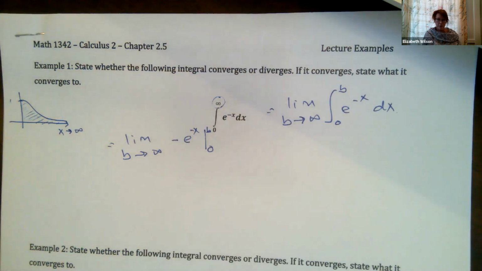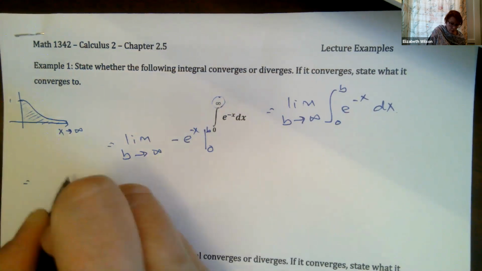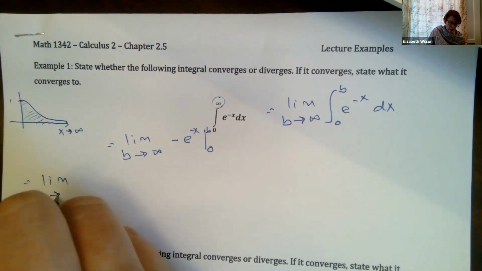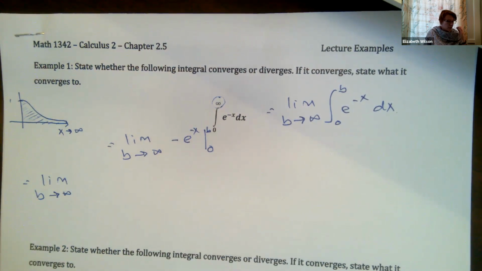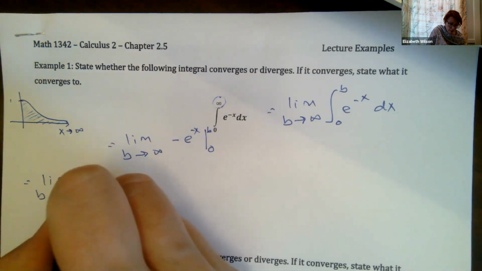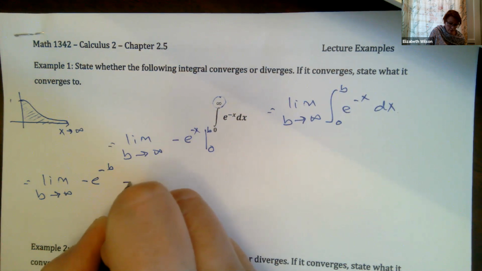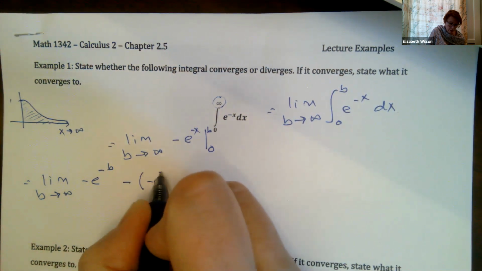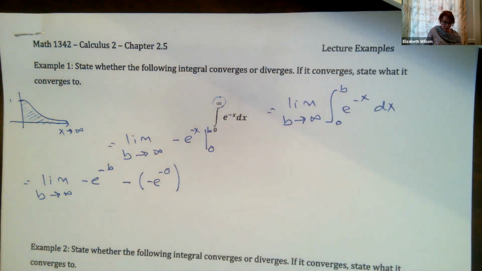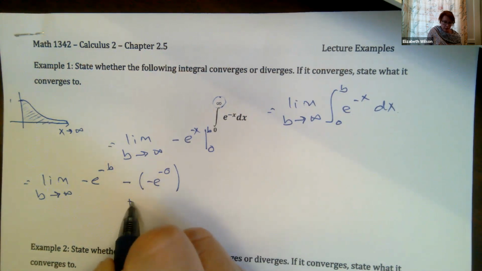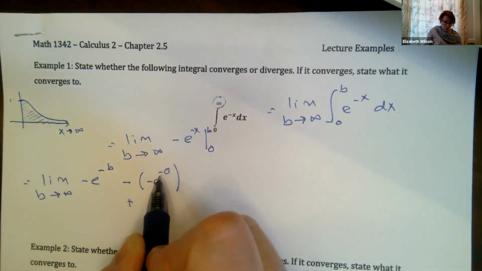Which means this is going to look like, remember, the limit as b goes to infinity, because I'm still evaluating that. That's going to look like minus e to the minus b, everywhere I see an x, I plug in a b, minus e to the minus 0. This becomes minus minus, this becomes plus, e to the 0 is equal to 1.